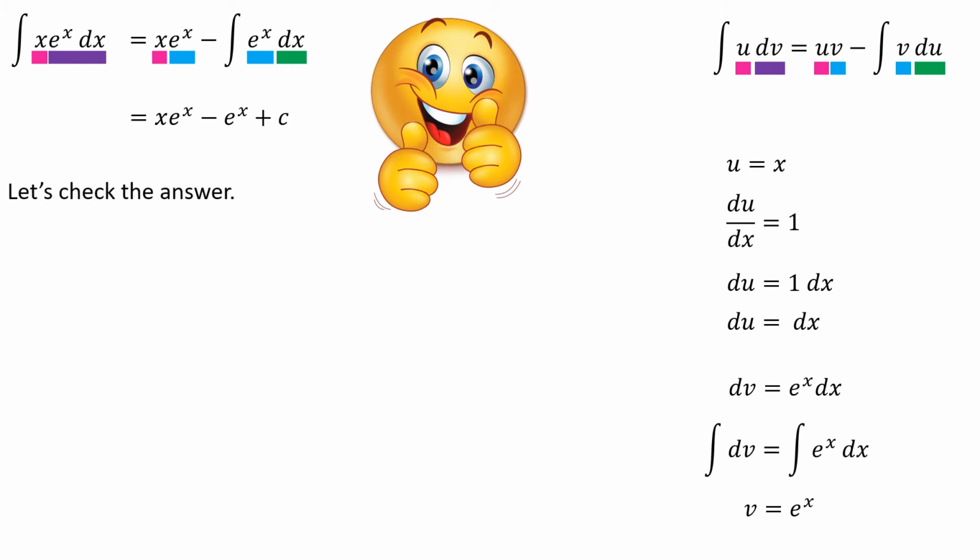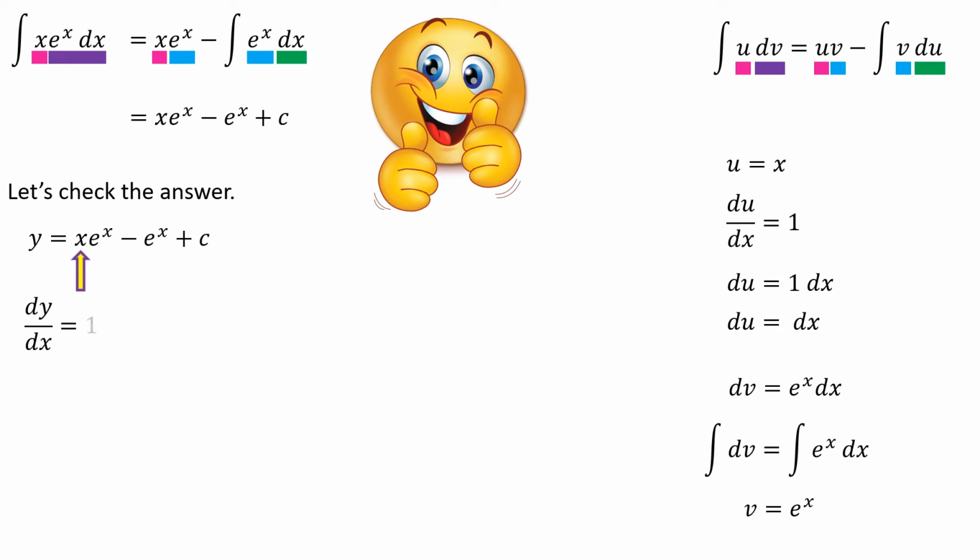Is that really the answer? Well, let's check. Let's pretend y equals x e to the x minus e to the x plus a constant. Okay, take the derivative of y with respect to x. Okay, I gotta take the derivative of the first part.